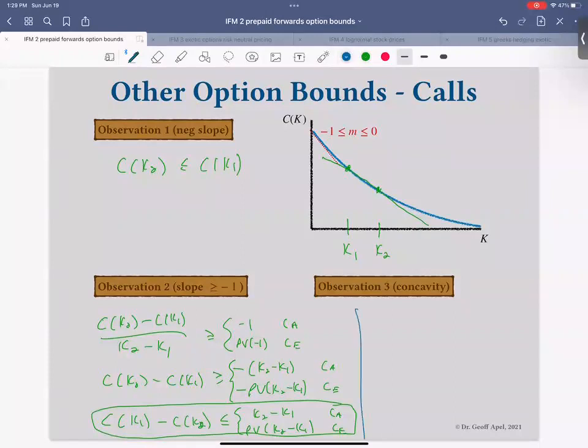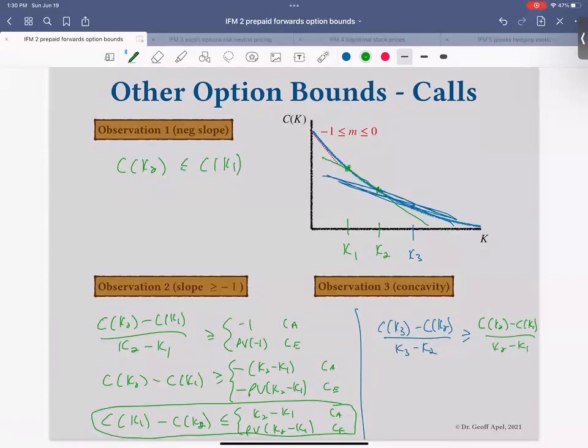The cool part is for the concavity, if I did the same sort of thing with K3 and some third slope, because both of them are concave up, it's actually the same exact equation as the other one. I could do call at K3 minus call at K2 over K3 minus K2 has to be more than or equal to the one through the greens, call at K2 minus call at K1 over K2 minus K1.